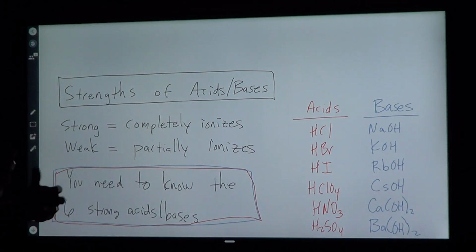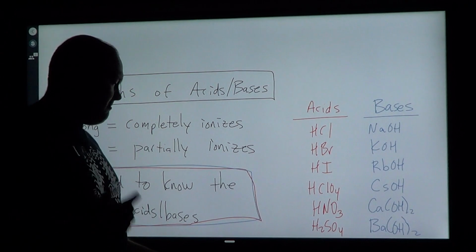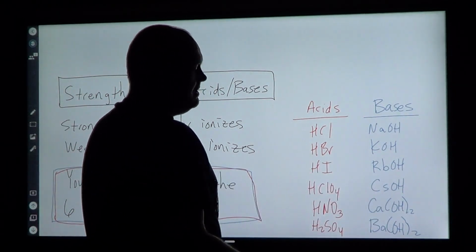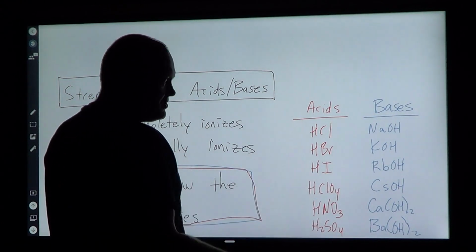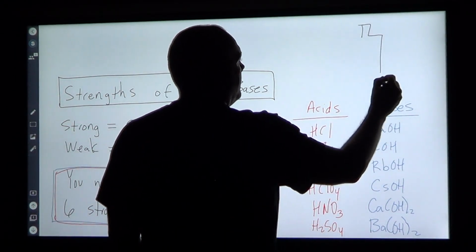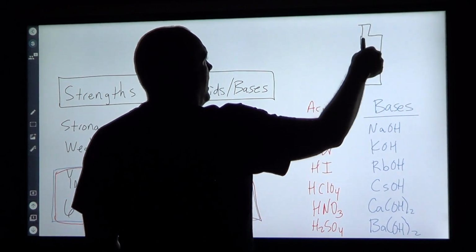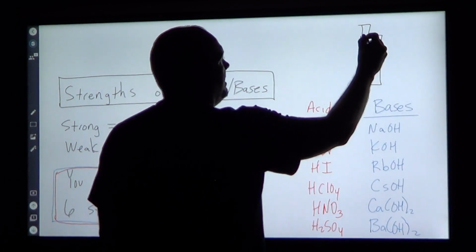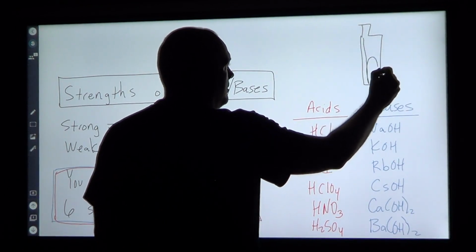If you remember when we watched the video from my website, the one girl sang a song about acids and bases. If you really want to know all of the strong bases, if you look on your periodic table, there's the alkali and the alkaline earth metals. They form a B on the periodic table.